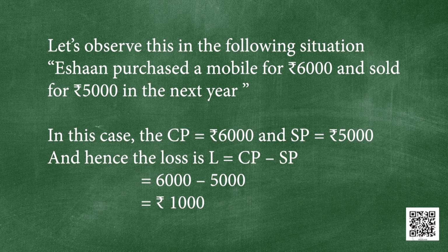In this case, the cost price is Rs 6,000 and selling price is Rs 5,000, and hence the loss L is equal to cost price minus selling price, which is 6,000 minus 5,000, which is equal to Rs 1,000. So, Ishan had a loss of Rs 1,000.